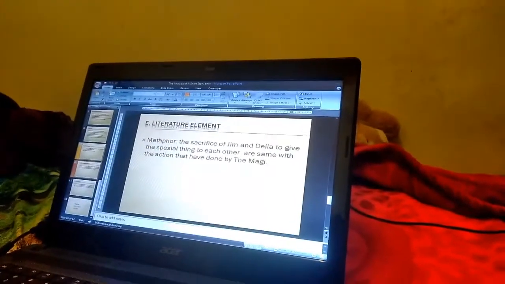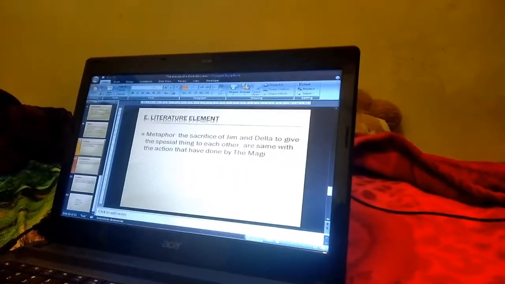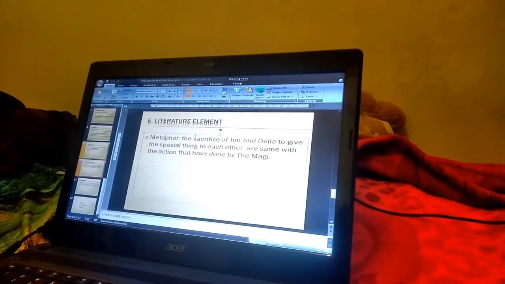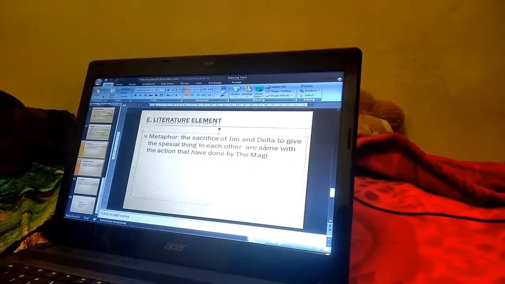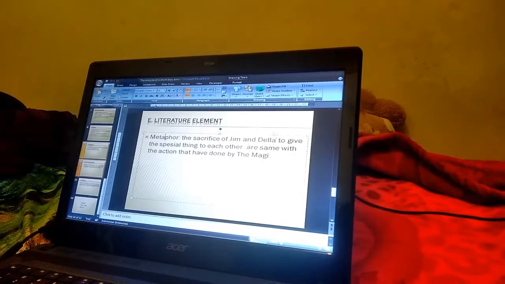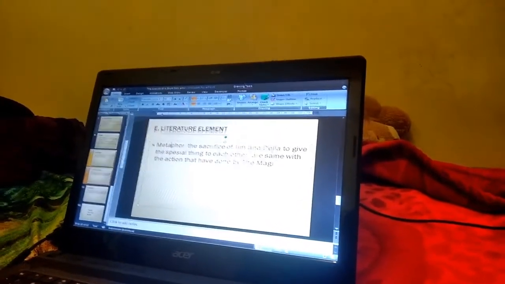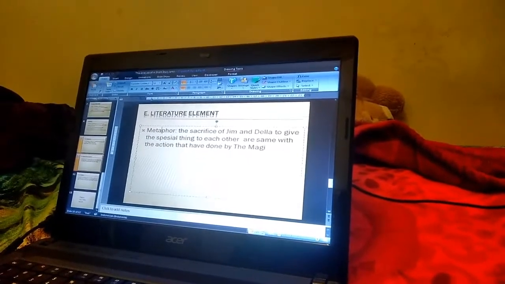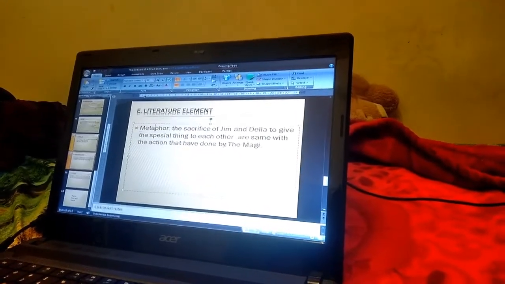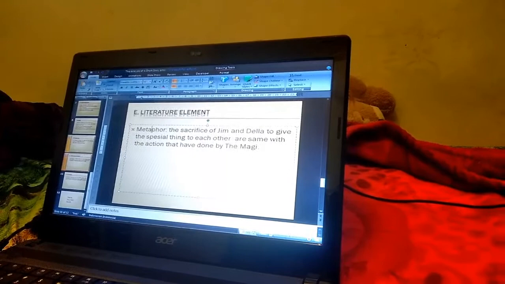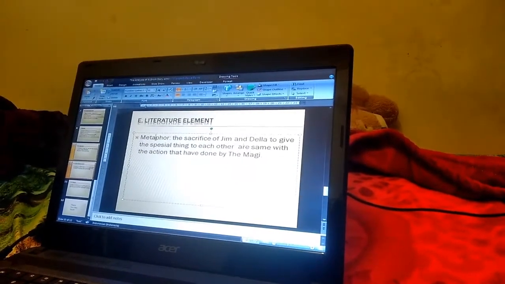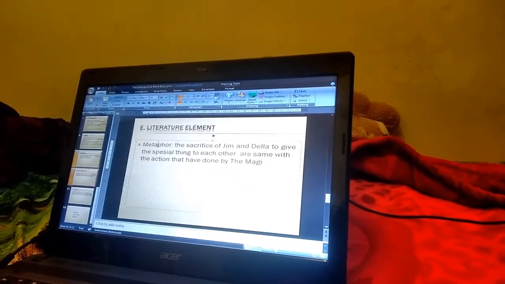I got one thing, the metaphor in this story: the sacrifice of Jim and Della to give the special thing to each other is the same as the action done by the Magi. The Magi gave a very expensive, very special thing to Jesus.